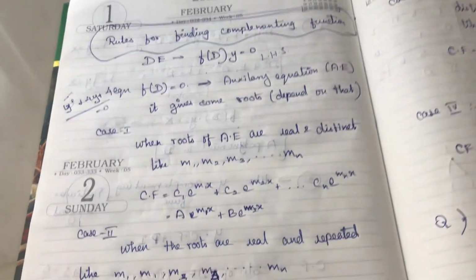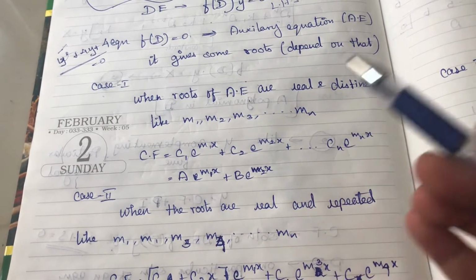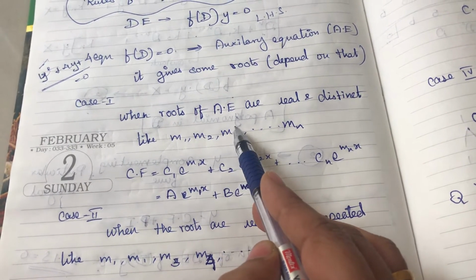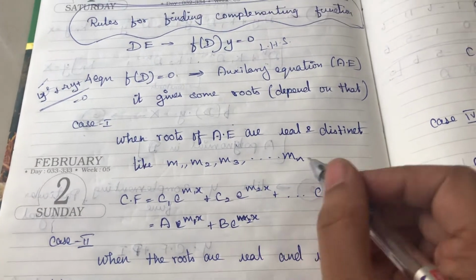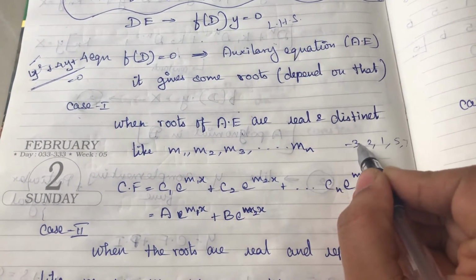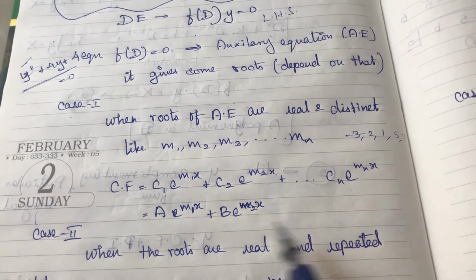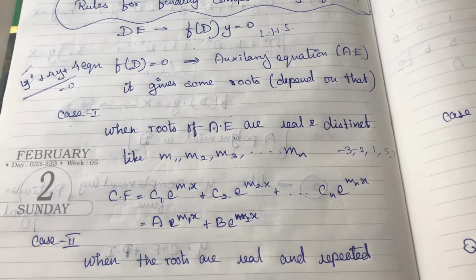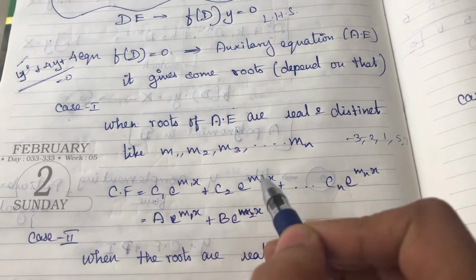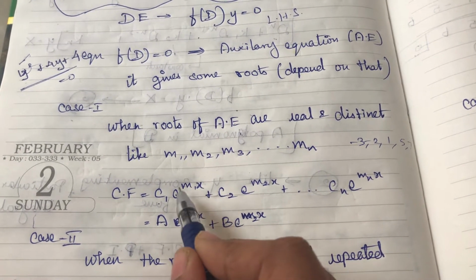So what can the roots be, and how do we give the complementary function for each type of root? For case 1, when the roots of the auxiliary equation are real and distinct, like 3, 2, 1 or 5, 7, or maybe negative, but real and distinct, like m1, m2, m3, then we can say the complementary function is C1 e^(m1 x) plus C2 e^(m2 x), where C1 and C2 are constants. We put the roots in the power of e; that is the formula.